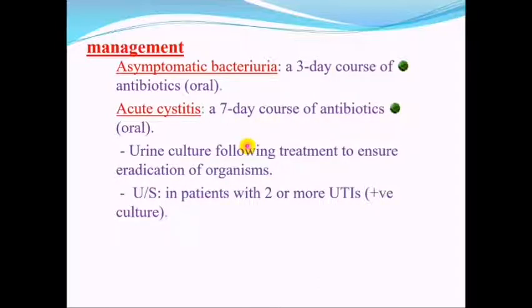The management of the patient depends on the type of infection. If the patient has asymptomatic bacteriuria, then she should be kept on a 3-day course of oral antibiotic. And this, as we say, is very important to prevent the patient from progressing to symptomatic infection like acute pyelonephritis and its complication like preterm labor.